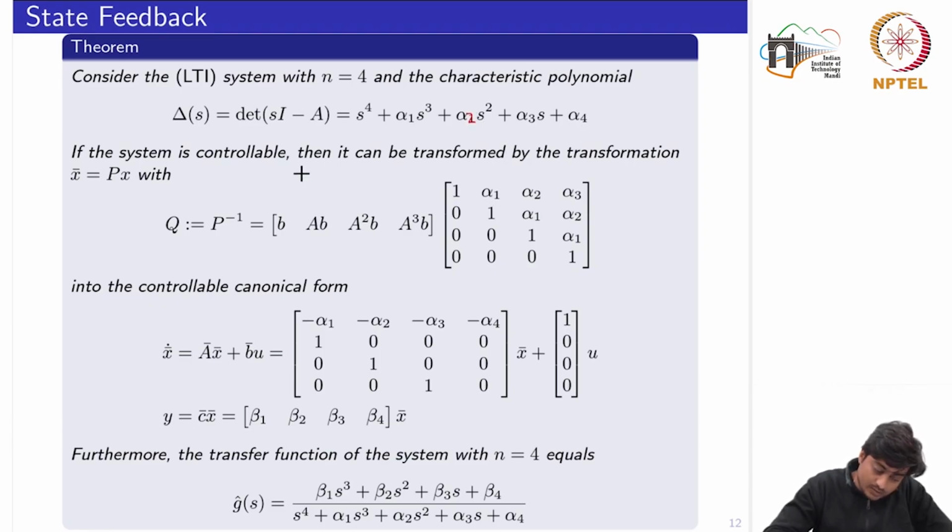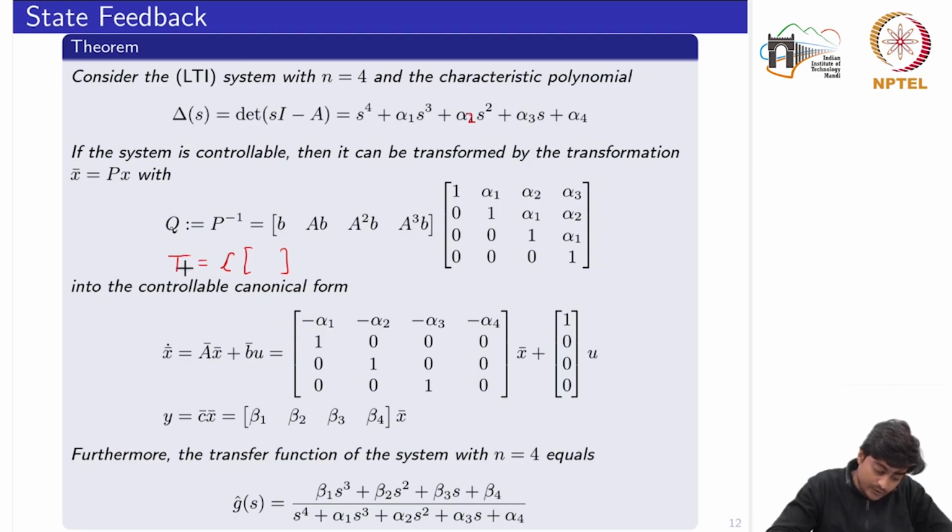If the system is controllable, then it can be transformed by the transformation x bar equal to Px, where the matrix Q is computed by this. So if you recall, in one of the tutorial problems, we defined a matrix T, a transformation matrix equal to the controllability matrix times another matrix, which is an upper triangular matrix containing some coefficients of this characteristic polynomial.